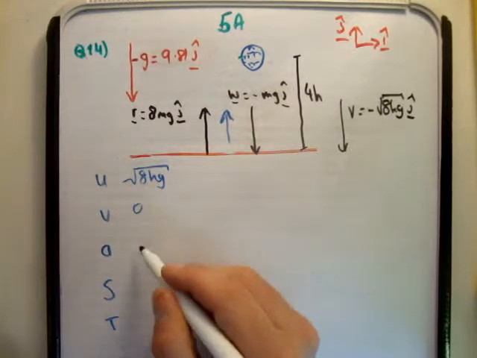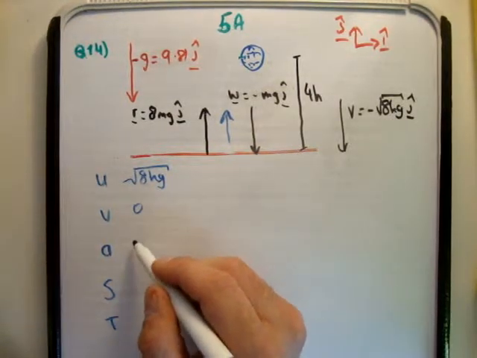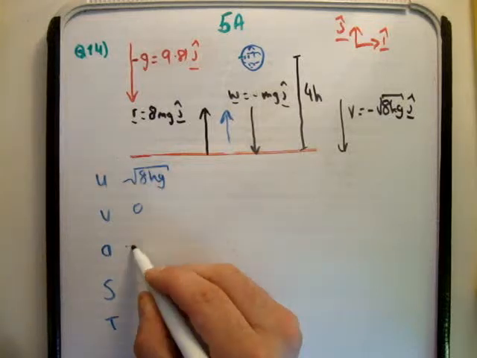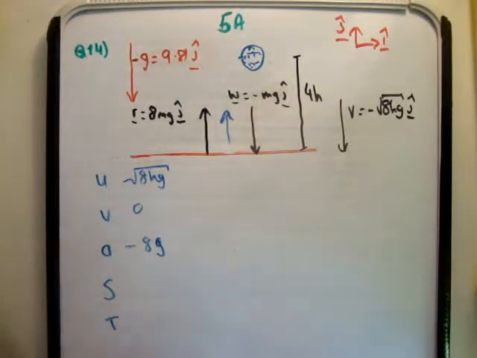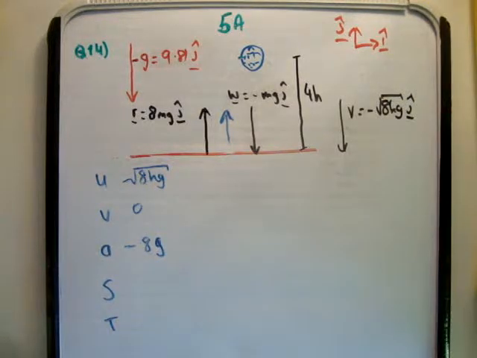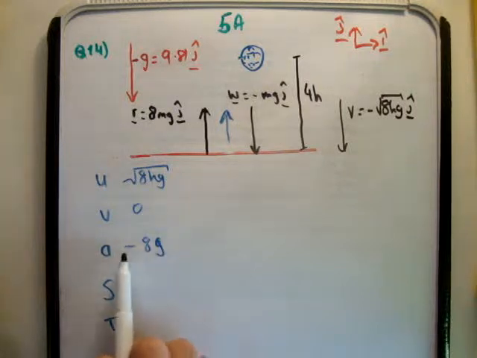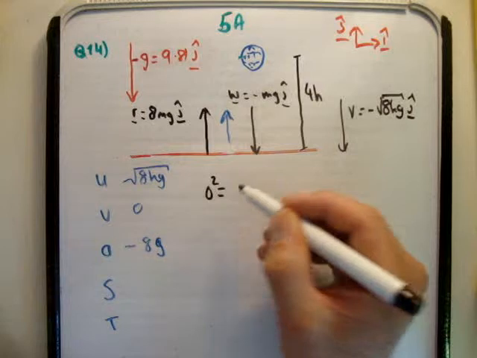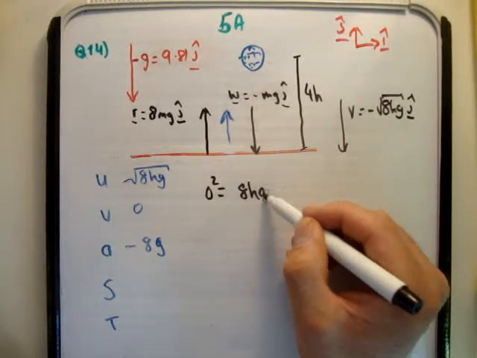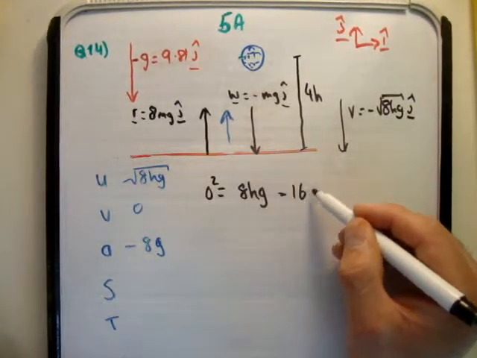Its final is 0. Its acceleration is in the opposite direction, so it slows down by 8g. And the distance is unknown. So let's use v squared is equal to u squared plus 2as. Notice it's decelerating, so that's why I have a negative number here. So 0 squared is equal to 8hg minus 16gs.